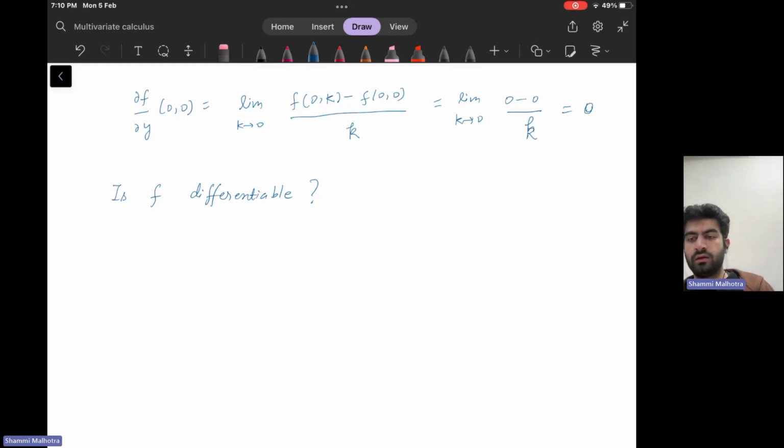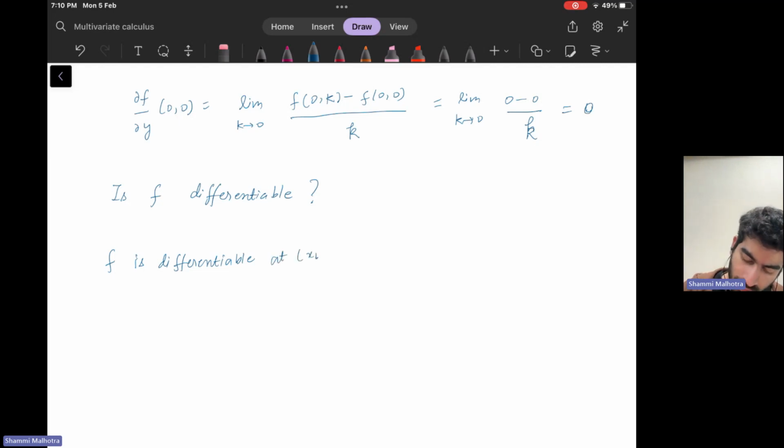So we know that to check differentiability in higher dimensions, we can either adopt the definition, or we have seen an equivalent form of differentiability. And what's that? That f is differentiable at (x naught, y naught) if and only if the limit, rho tending towards 0, of delta f minus df whole divided by rho, is 0.